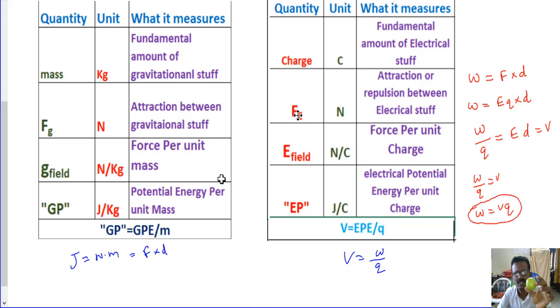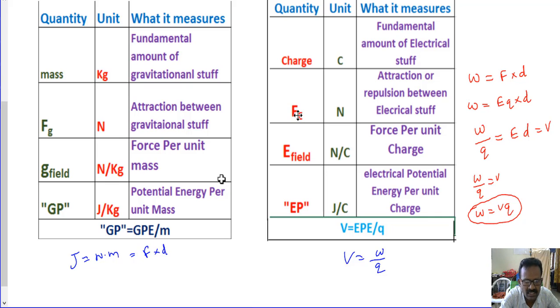See, this is a big quantity of positive charge. This is also a big quantity of positive charge. When you bring them together, they will repel one another. But in nature, all masses attract each other. There is no repulsion in nature. Any one mass will not repel another mass, right?